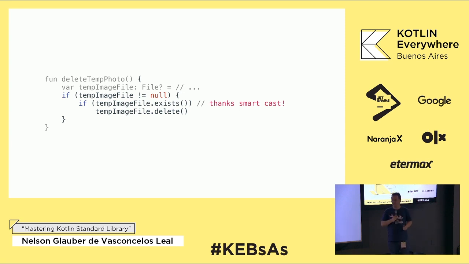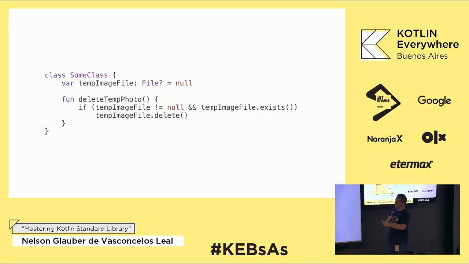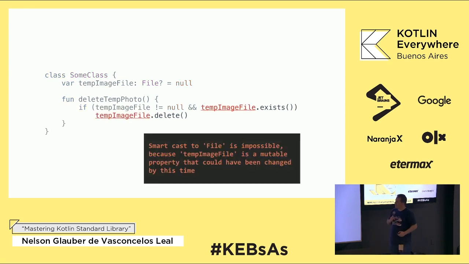But let's expand this example a little bit. If the temp image file is part of the class, is an attribute of the class, a property, and I try to replace the old code using this, you get an error. The SmartCast to file is impossible because temp image is a mutable property that could have been changed.